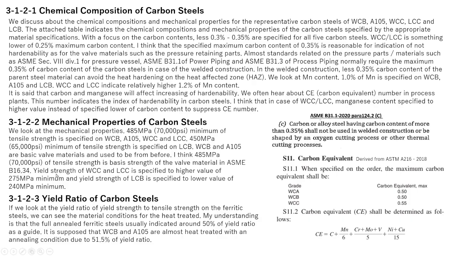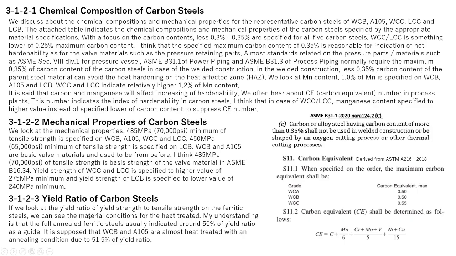Yield strength of WCC and LCC is specified to a higher value of 275 megapascal minimum, and yield strength of LCB is specified to a lower value of 240 megapascal minimum. So the yield ratio of carbon steels: if we look at the ratio of yield strength to tensile strength of the ferritic steels, we can see the material heat treatment condition.